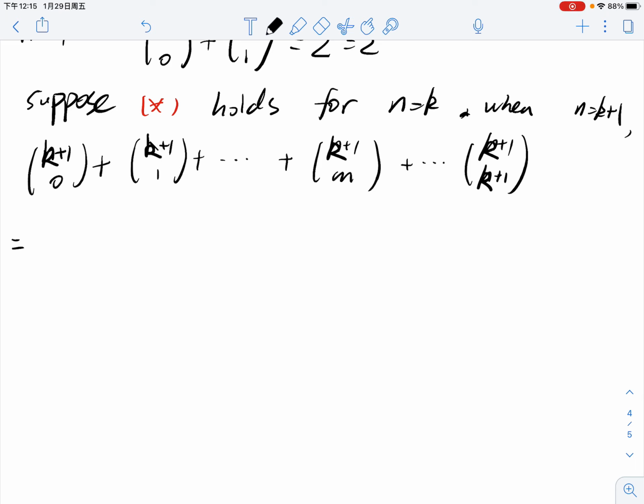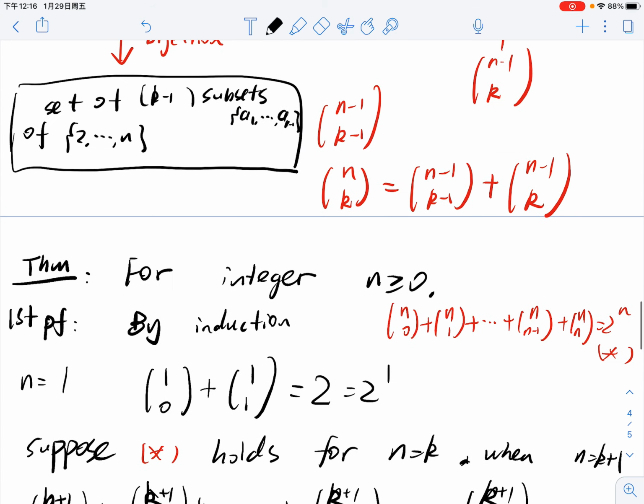Since we want to prove the case when we only have k, then we need to reduce k plus 1 choose m to some form like k choose m1 or k choose m2. Okay, and then the natural way is we use the previous formula here.